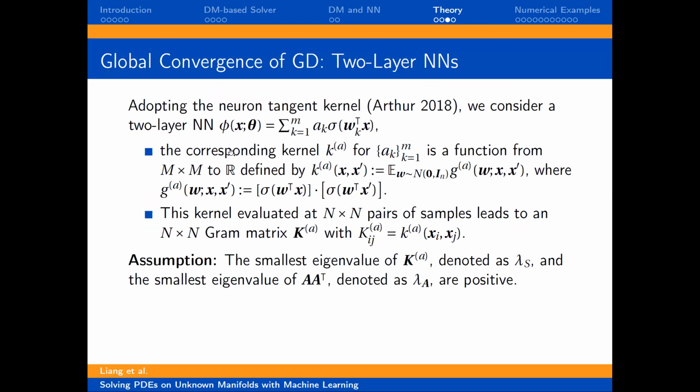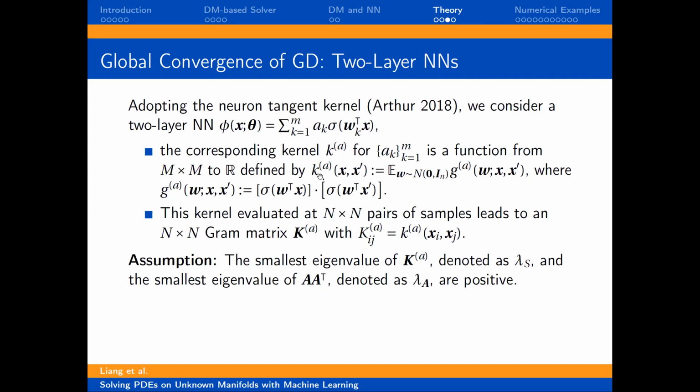To build our global convergence theorem, we adopted the neural tangent kernel, and we consider a neural network of this form. We first define the kernel for the parameter a_k, k from 1 to m.